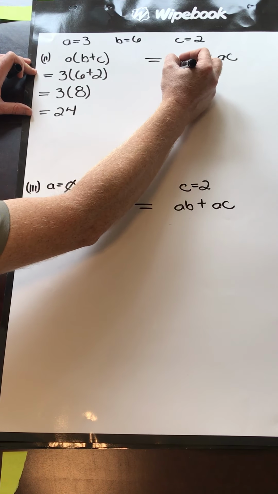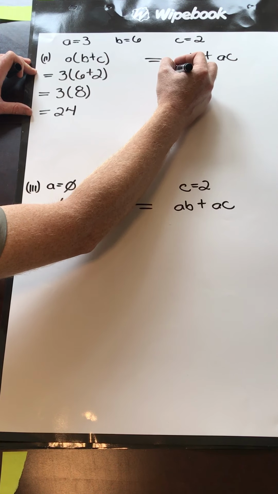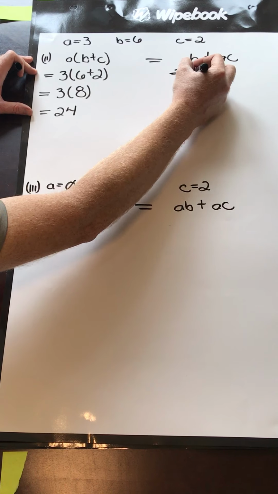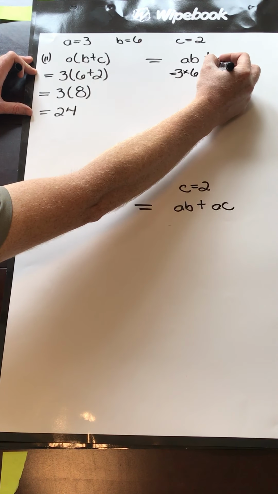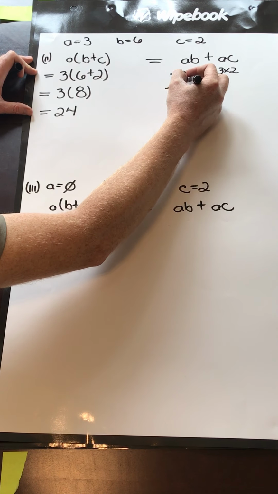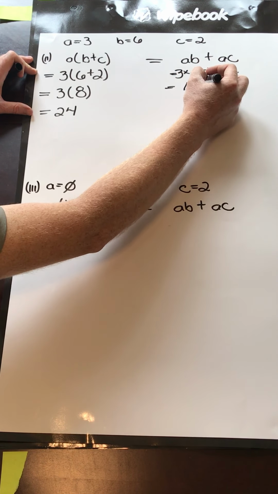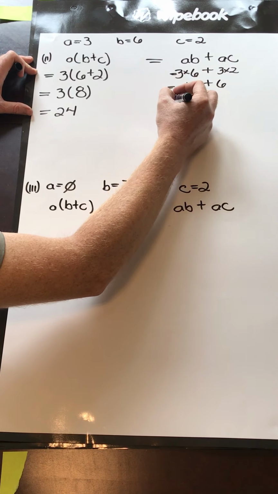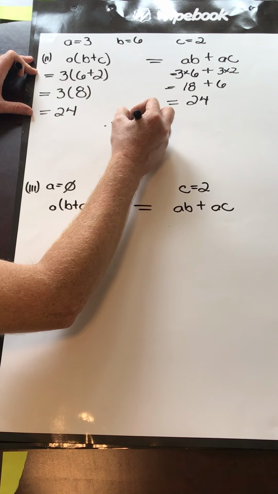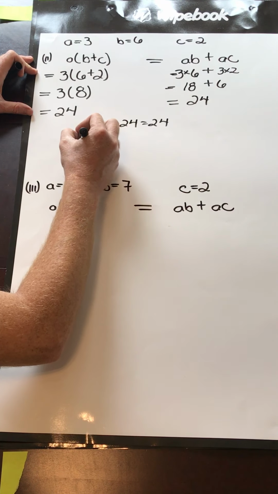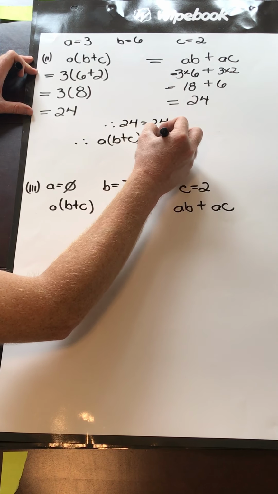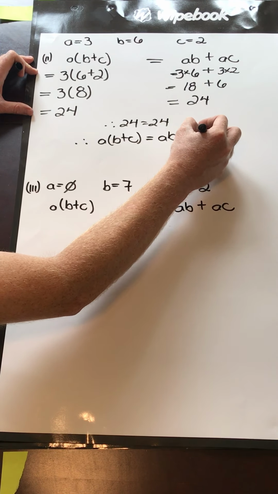On this side, I substitute in, so I'm going to have 3 times 6 plus 3 times 2. Okay, simplifying, 3 times 6 is 18, plus 3 times 2 is 6, and I get 24 again. So therefore 24 is equal to 24. Therefore A bracket B plus C is equal to AB plus AC.